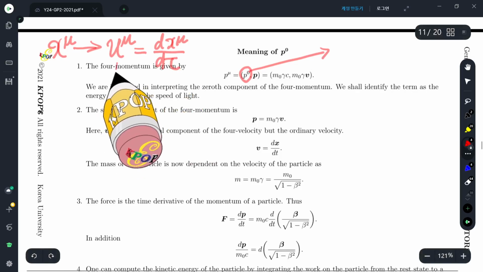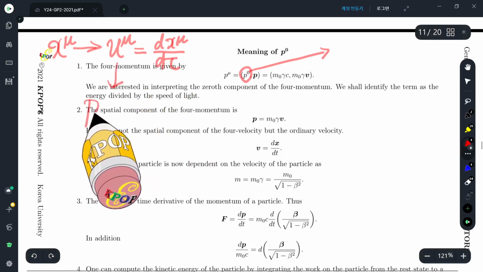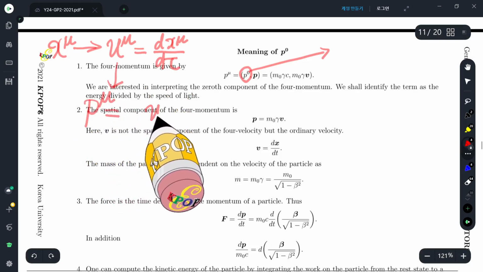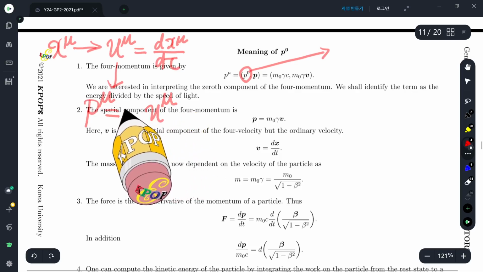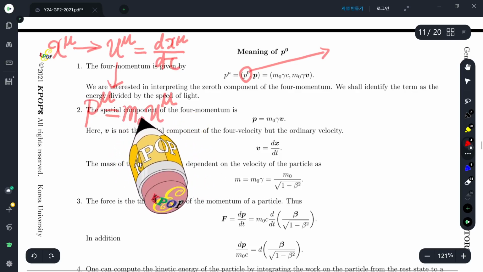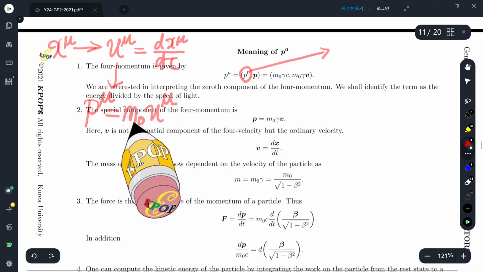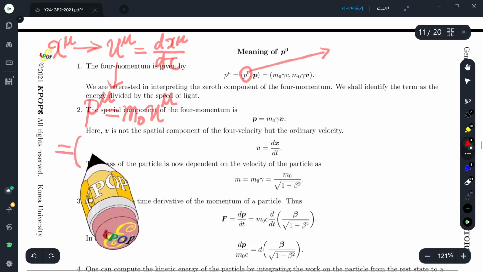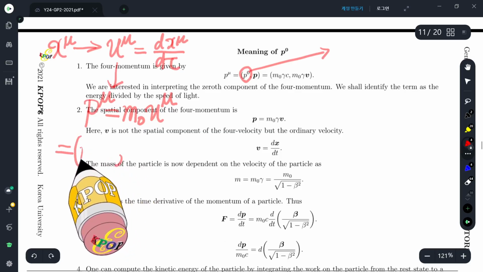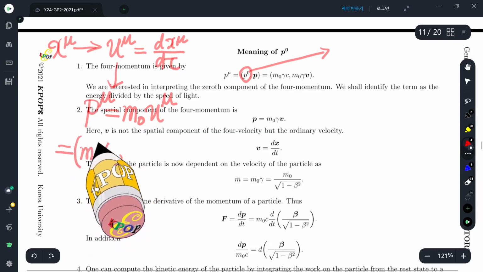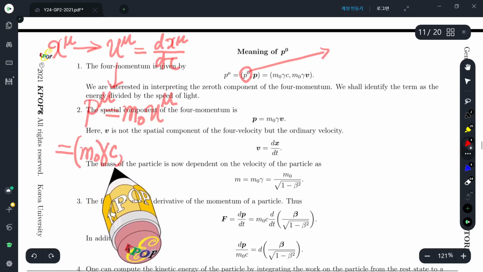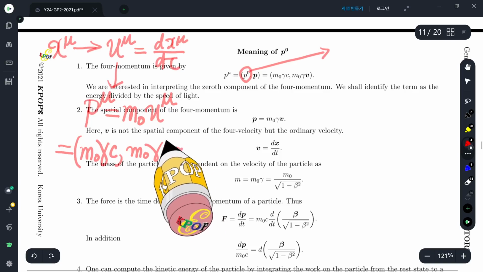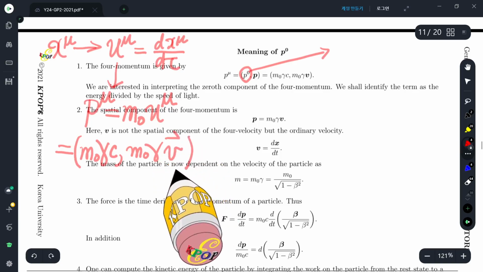And then we derived the four momentum p mu by multiplying the four velocity by the rest mass m0. That four momentum has the components m gamma c for the time component, m0 gamma v for the spatial component.